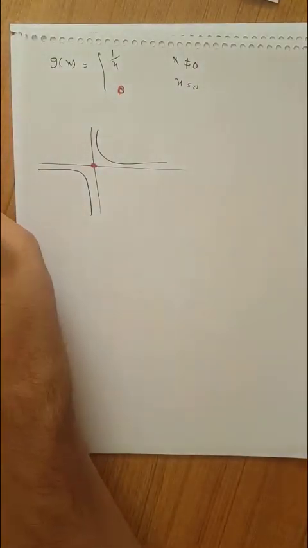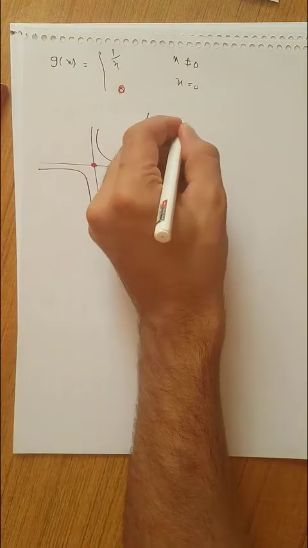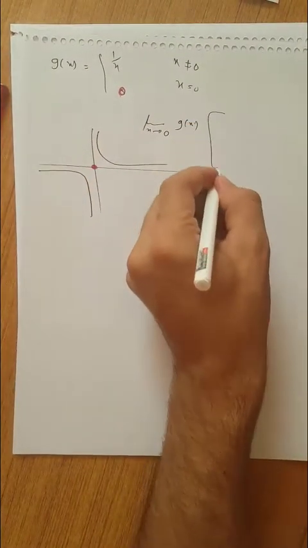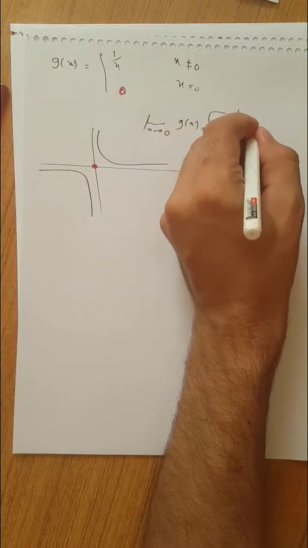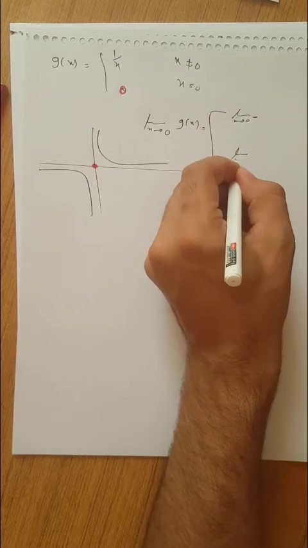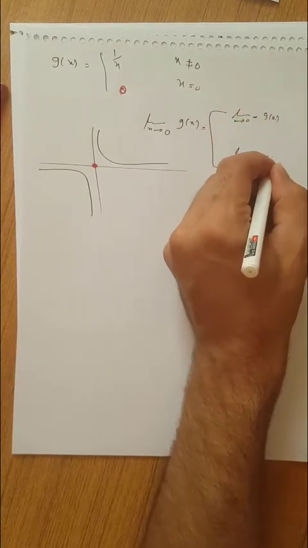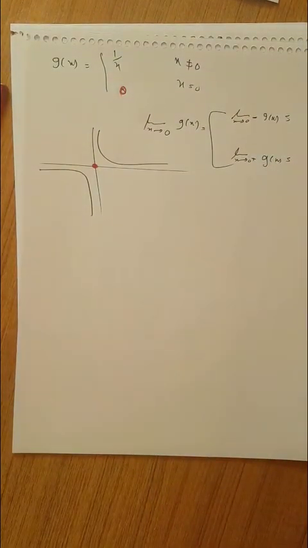Now I'm going to talk about 0. I'm going to talk about the limit of g of x when x approaches 0. As you know, we should say the limit as x approaches 0 from the left side and from the right side of g of x. So I get what? You tell me, think about it, just look at it.